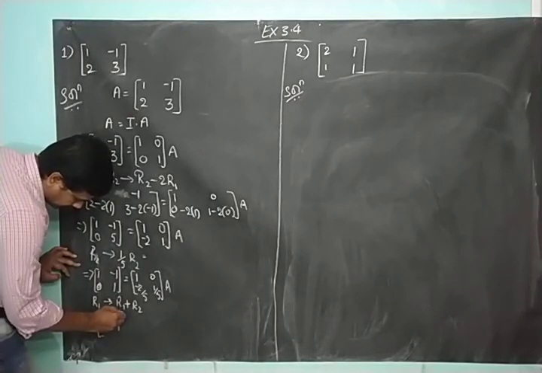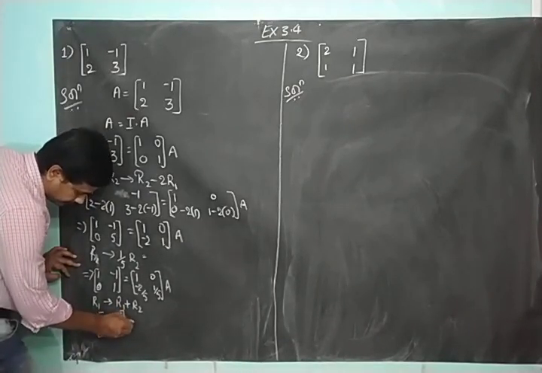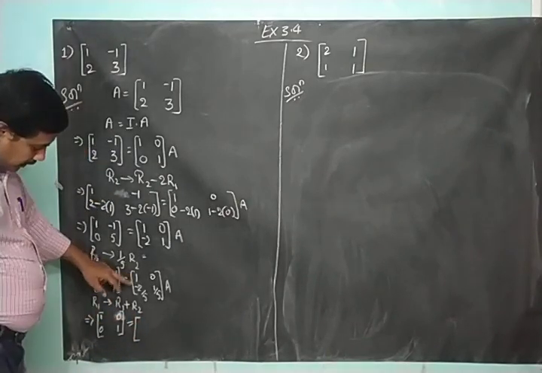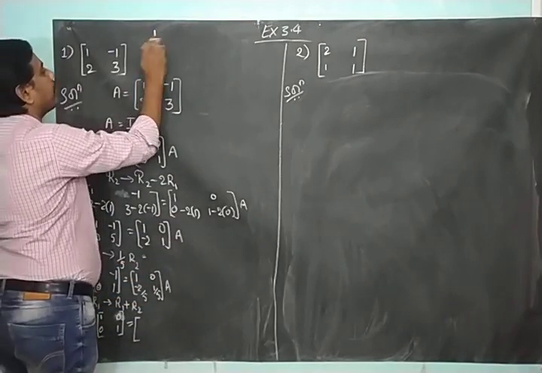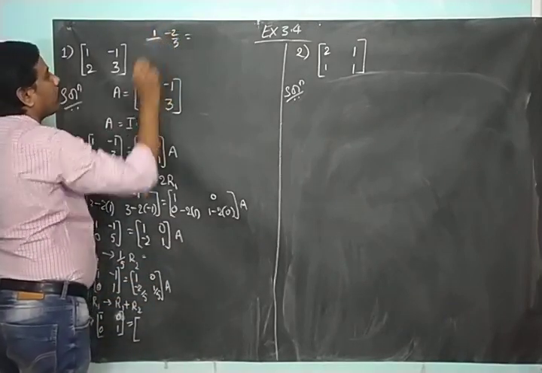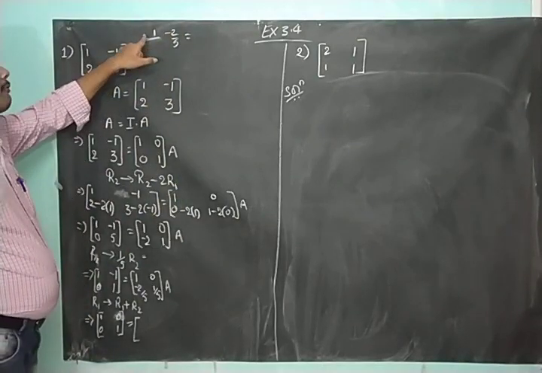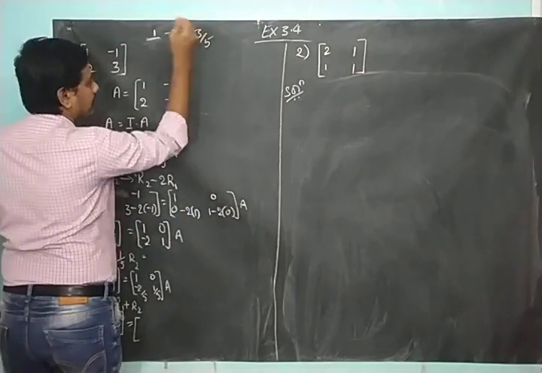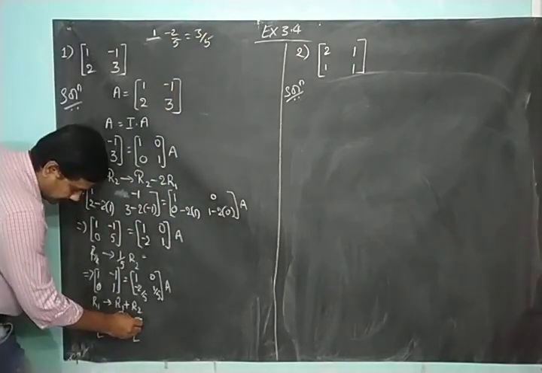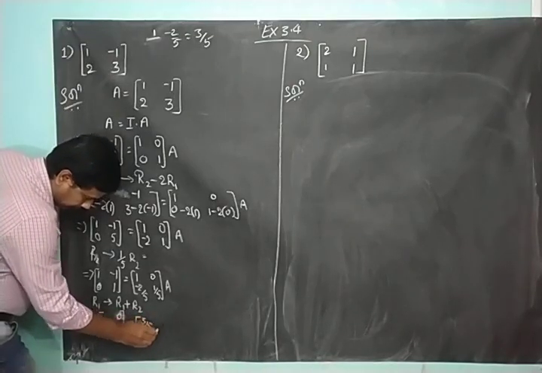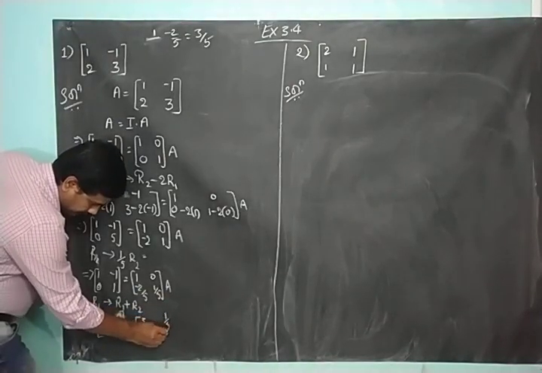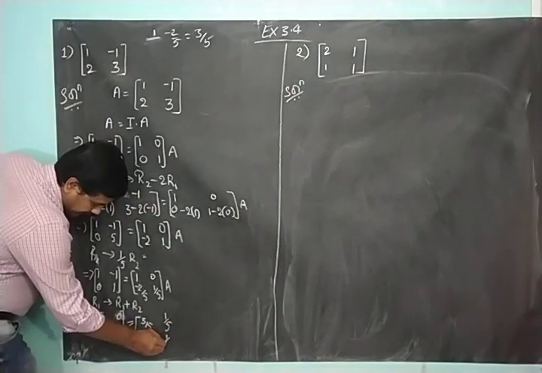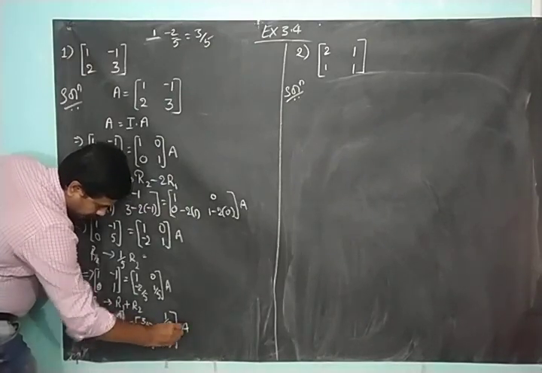The left side is 1, 0, 0, 1. And what will be R1 plus R2 on the right? 1 minus 2 by 5: taking the LCM, 5 into 1 is 5, 5 minus 2 by 5, that is 3 by 5. So it will be 3 by 5, then 0 plus 1 by 5 is 1 by 5, then minus 2 by 5 and 1 by 5, into A.